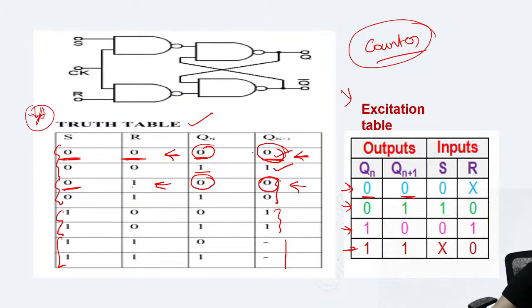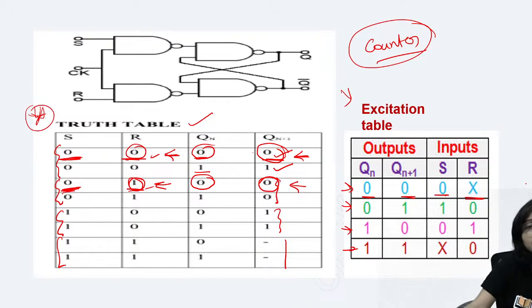Here S value is 0 but R value is 1. R is creating a confusion. It can be 0, it can be 1. S is fixed for both. That's why it will be confused, that is a cross.